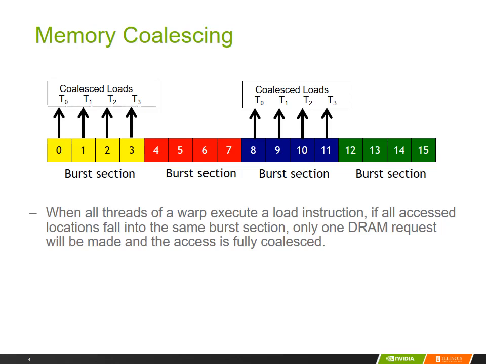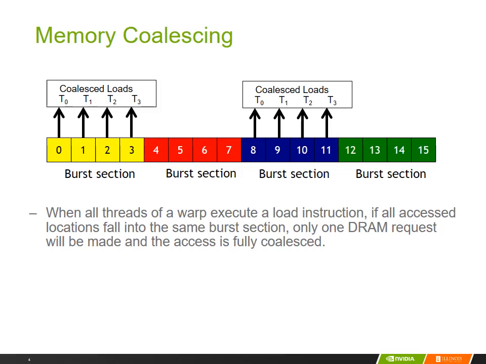Recall that if any byte in that burst section is accessed, all the other bytes will be returned. Therefore, if all the access locations by these threads fall into the same burst section, then only one DRAM transfer will need to happen on that interface.